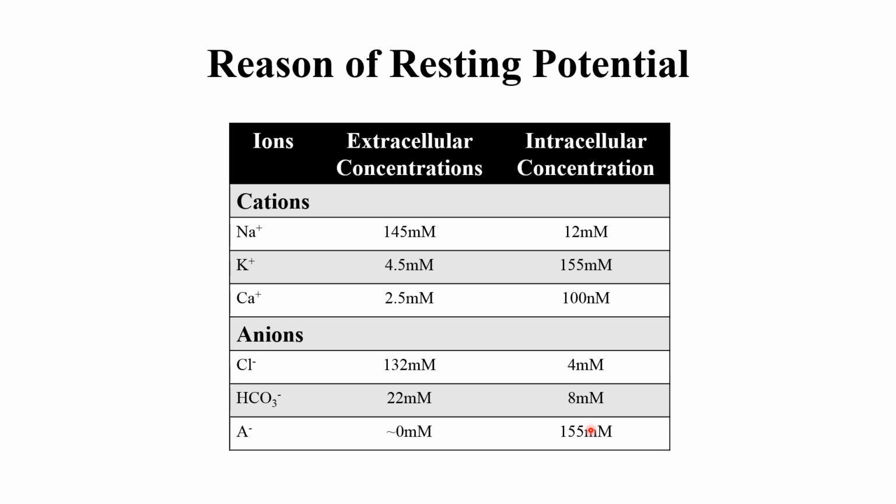So calcium is only allowed to go into the cell when there is need of exocytosis. There are also various other enzymes and proteins that need calcium as a cofactor. We know cofactors are the inorganic substances that are needed by enzymes or proteins for their function.